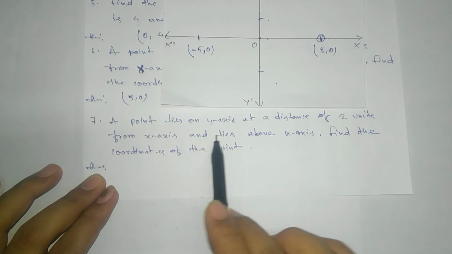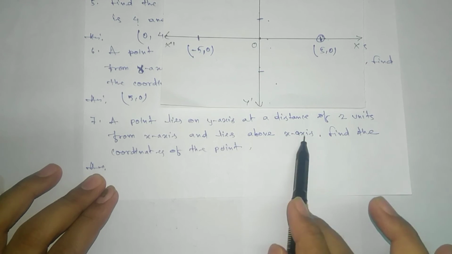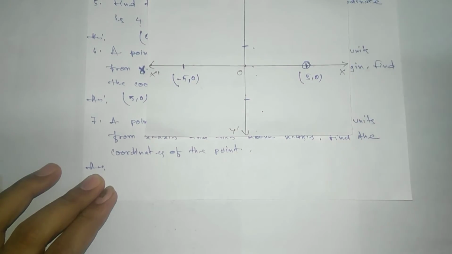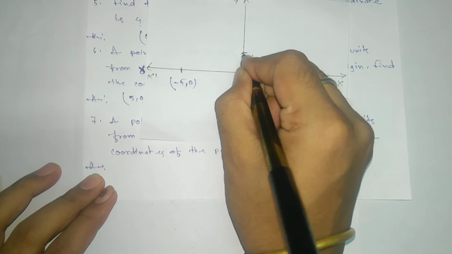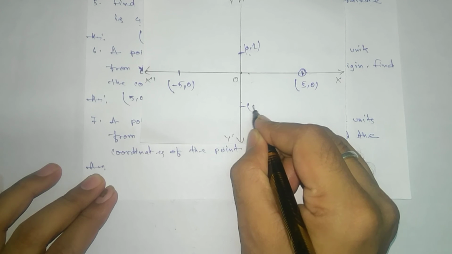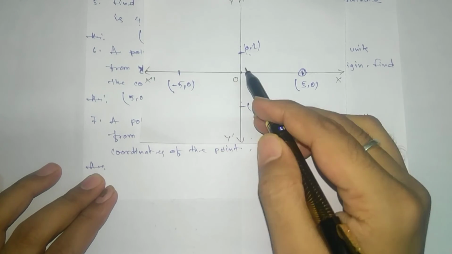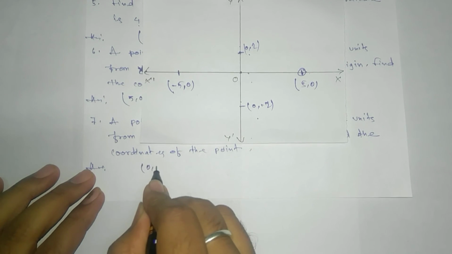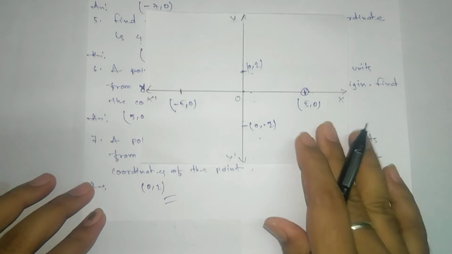But the second condition is that it lies above the x-axis. Above the x-axis is this side. So the coordinate here is 0, 2, and for this the coordinate is 0, minus 2. But they are asking above the x-axis, so your answer is 0, 2. Okay, I hope it is clear to all of you.